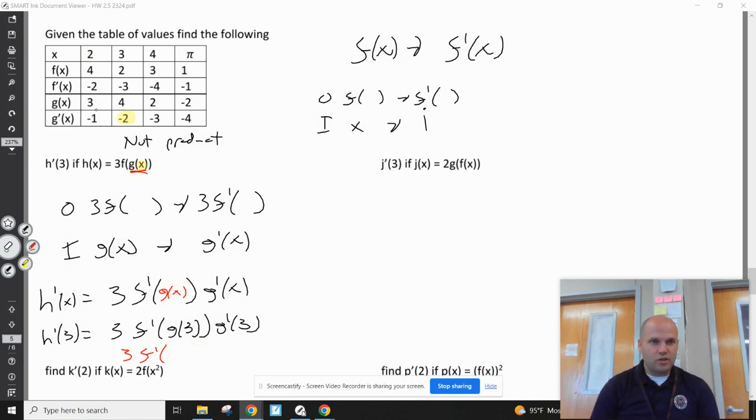G of 3. G of 3 is 4. Okay, I can do this. G of 3 is 4. Okay, this is a 4. F prime of 4 is negative 4. G prime of 3 is negative 2.